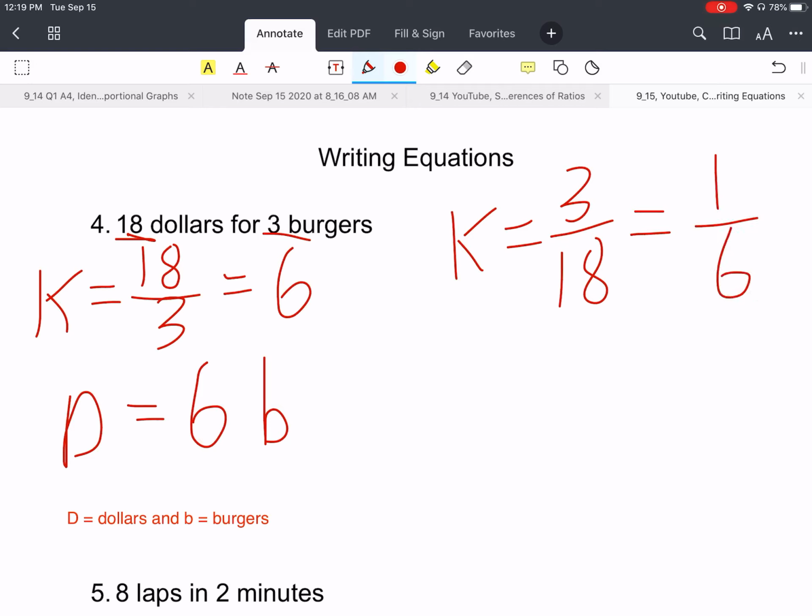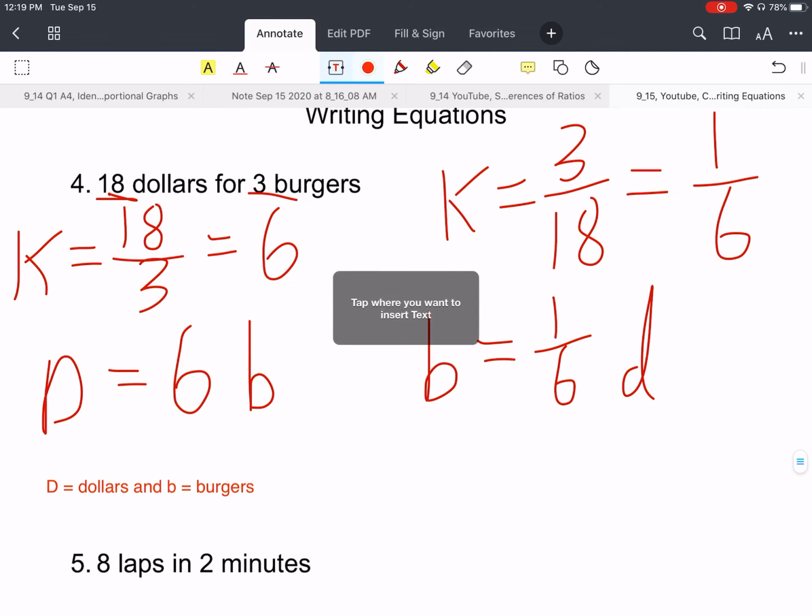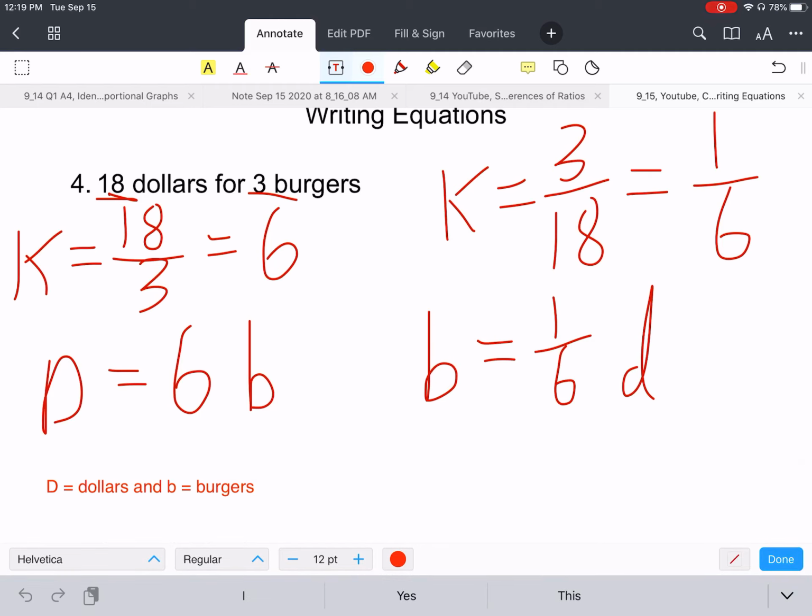That's perfectly fine also, except now their equation is going to be B equals 1/6 of D. And again, they have to state what each variable stands for. We're sticking with B equals burgers and D equals dollars. Either of these answers would be fine as long as your equation matches up with your constant of proportionality.